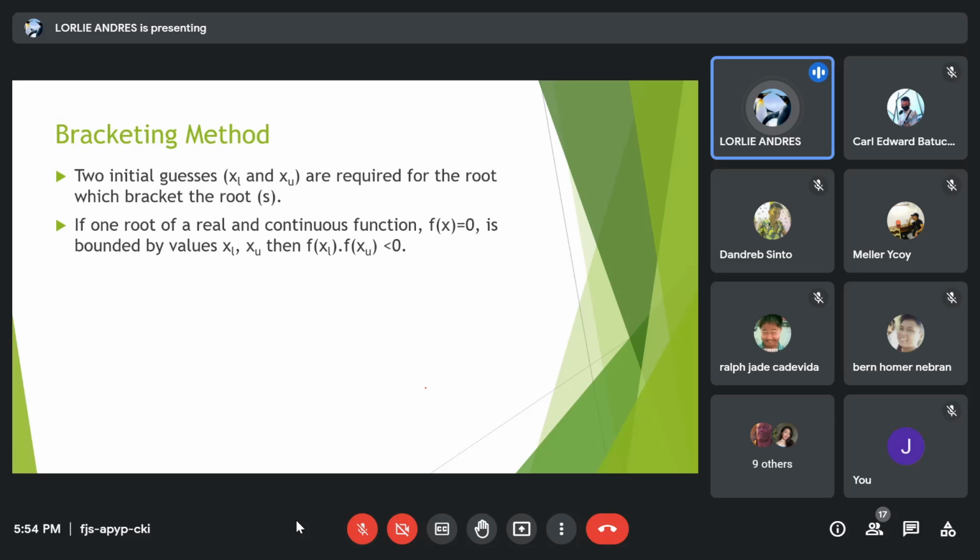If one root of a real and continuous function f of x equal to 0 is bounded by x sub l and x sub u, then f of x sub l times f of x sub u is less than 0.